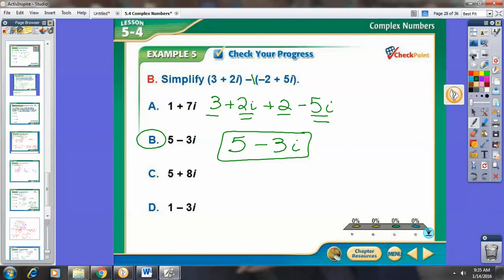Okay, I do have some problems for you to practice out of your book. We will grade this assignment tomorrow, and then we will take a quiz, so be ready for that.